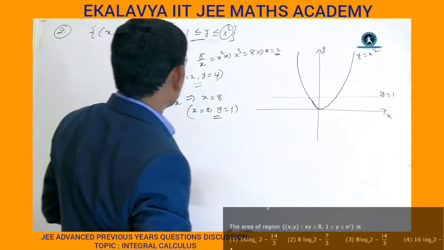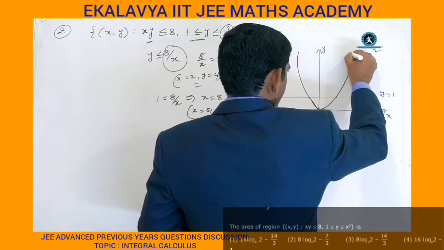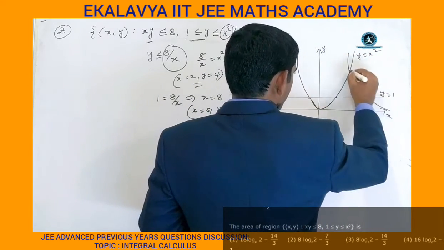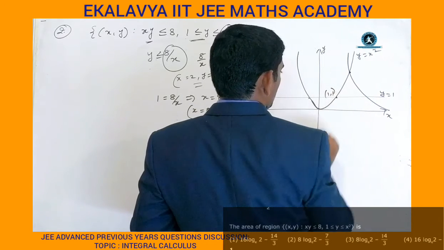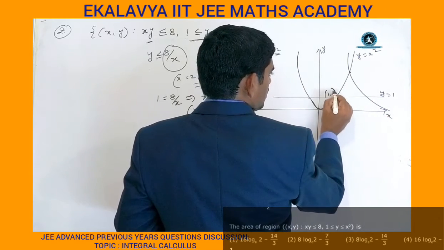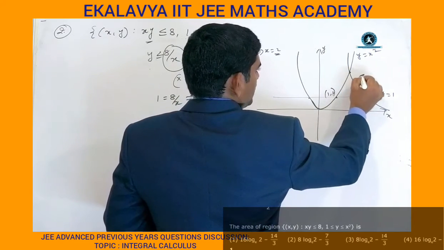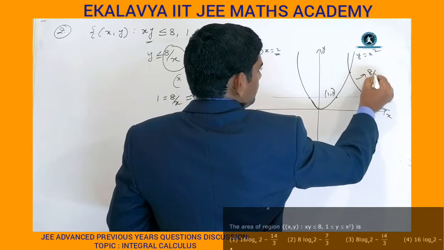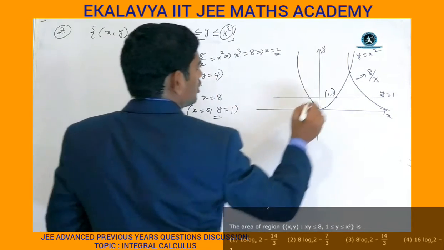Now see how we can draw the graph of 8 by x. This is the point 1 comma 1. The line y equal to 1 touches the curve y equal to x square at the point 1 comma 1, and this is 8 by x. 8 by x meets y equal to x square at the point 2 comma 4.